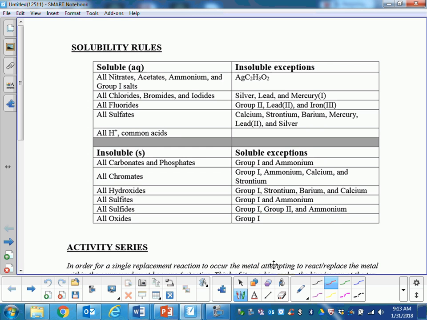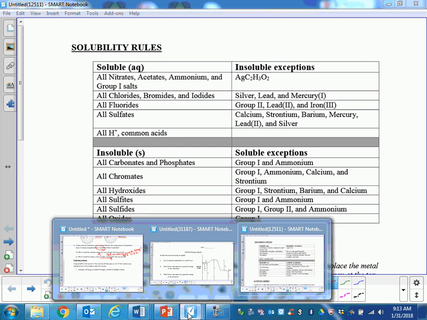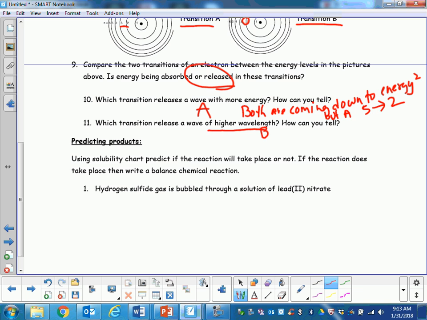Are you listening? A double replacement reaction will take place if the product is what? A solid, liquid, or a gas. Which side? Not the reactant side. I'm talking about the product side.